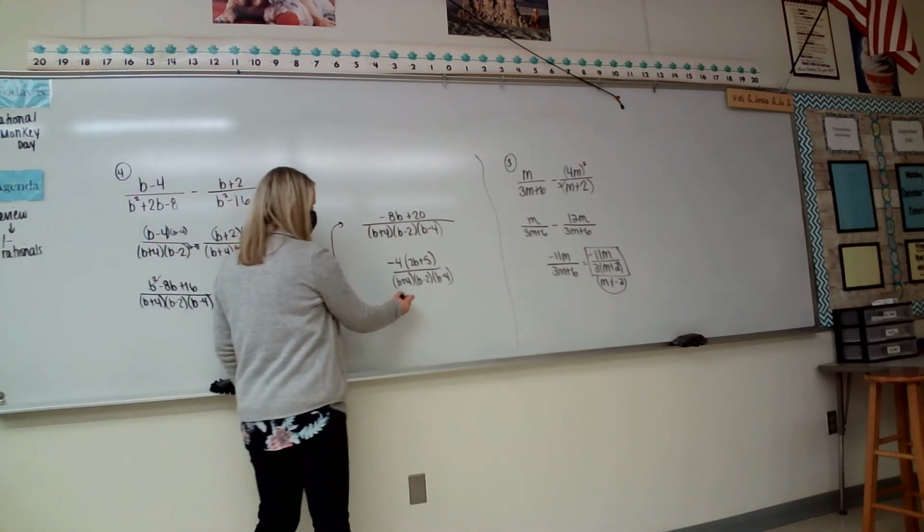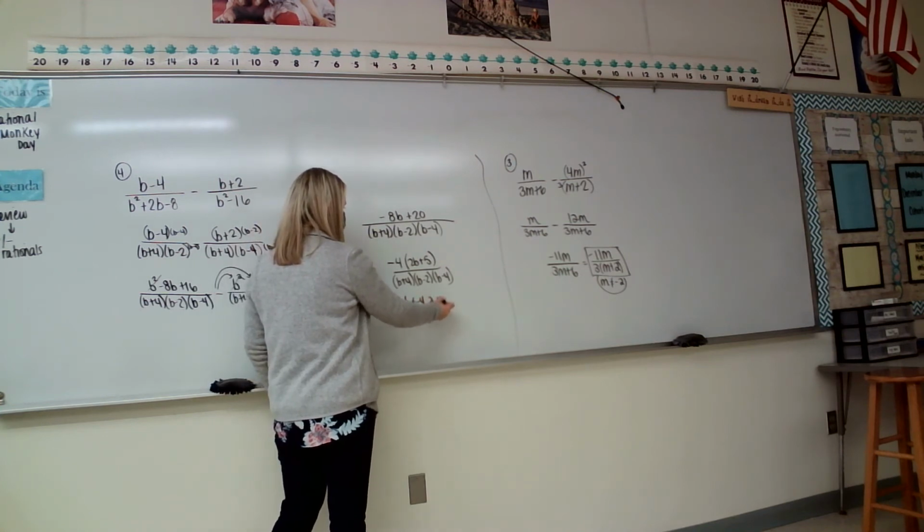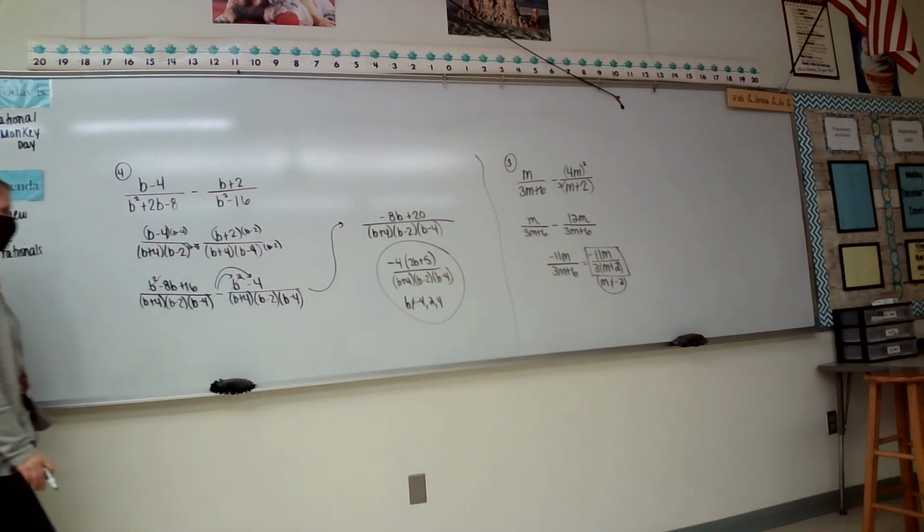And I do my restrictions. B cannot equal negative 4, positive 2, or positive 4. Saying the square root of 16 is 2. Whew. Okay.